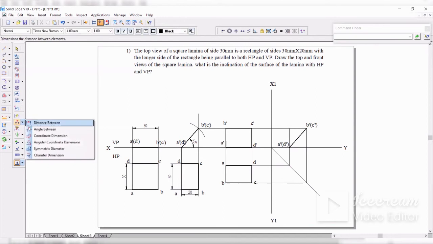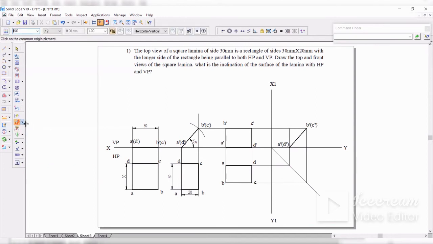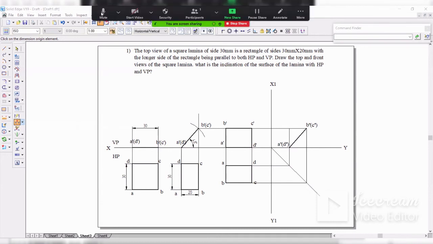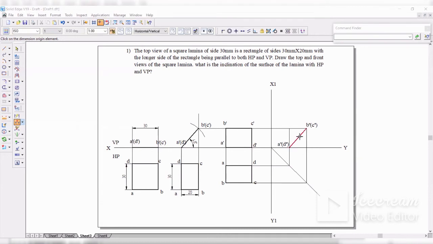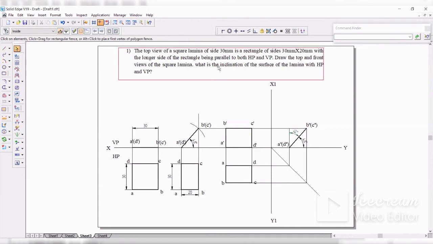And to get the angle between these two, you can understand here, take angle between these two, it is 48. As you can see, this is 48, no issues. If you want the angle between VP and this, you'll get this. See now, 42. So this is your inclination with respect to VP. This is with respect to HP. So my question is solved like this.